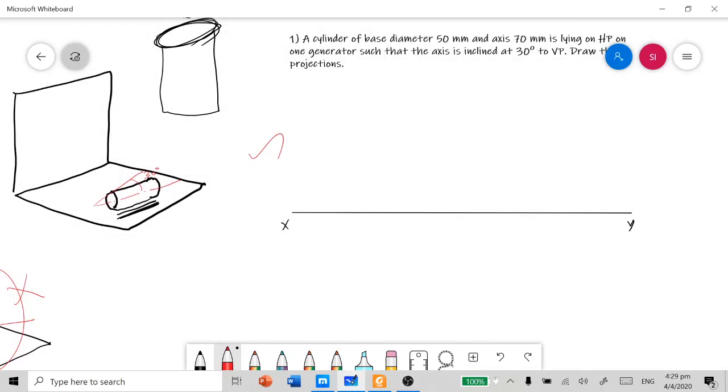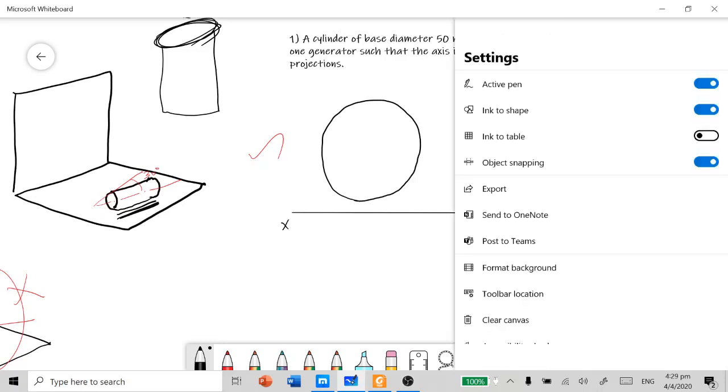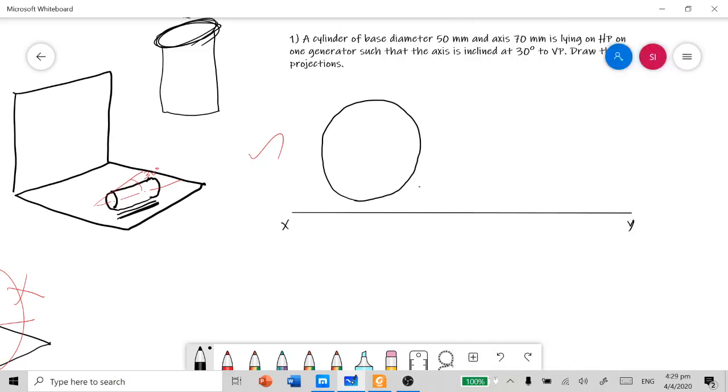So in the front view we can draw a circle as the base view. And that circle should touch the XY line because the solid is going to rest on HP.